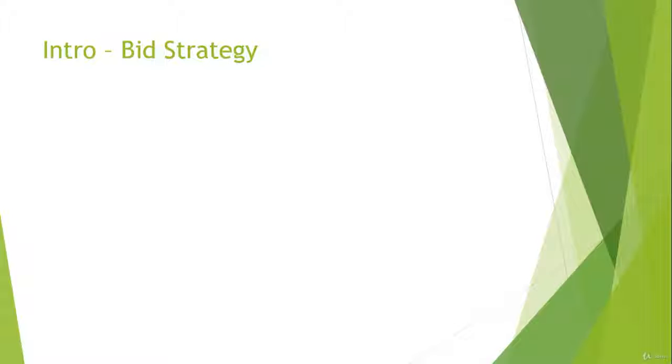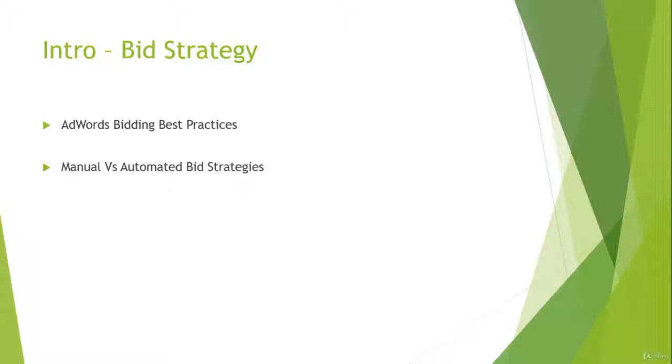So in this section we're looking at bid strategies that are available in your campaigns and at the account level. We will be first looking at the best practices when you're doing AdWords bidding, and we'll also look at manual versus automated bid strategies, which are the two bidding strategies that you have in your campaigns.